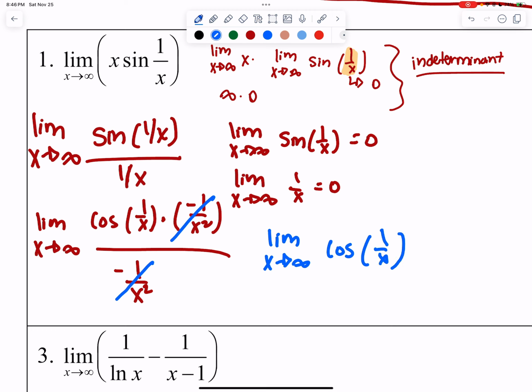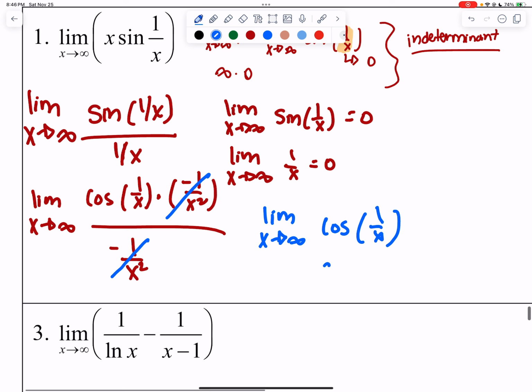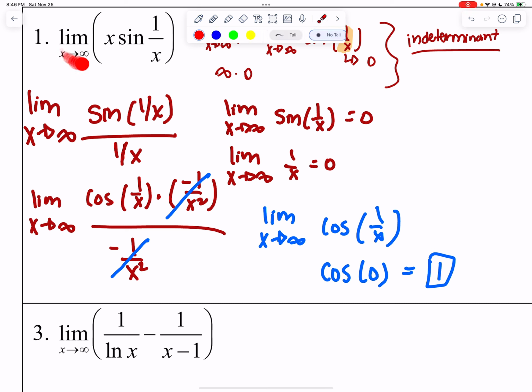Now, if I were to use direct substitution, and this is going to be a very big number because this is infinity, my argument is going to approach, plot twist, 0. So then I have cosine of 0, which is just 1. So this means that my answer for number 1, the limit as x approaches infinity of x times sine of 1 over x, is going to be 1.